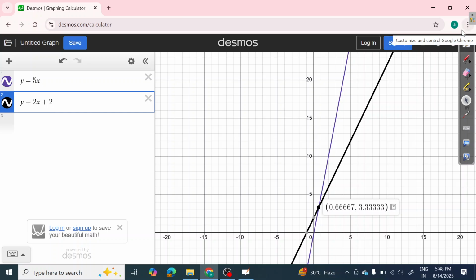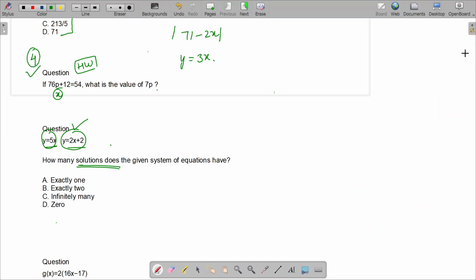Now this is the case where you can put it on Desmos and when to solve normally. Suppose you don't remember the condition of no solution, one solution, or infinite solutions, right? In that case, you can directly put it on Desmos. But if you already know the condition, if there is one solution, I know slopes are not equal.